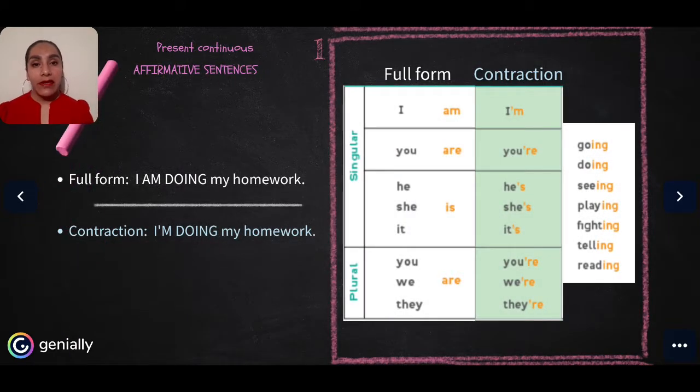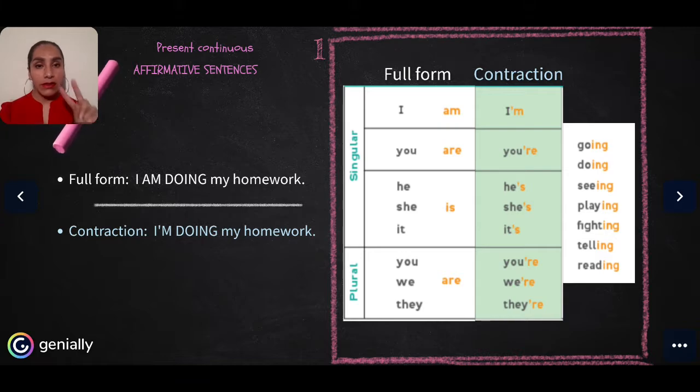So let's start with affirmative sentences. We have two forms of the sentence, in a full form and a reduced form. The full forms we have already covered them in the previous week. Las checamos la pasada semana con las formas completas. En esta semana vamos a checar las contracciones.